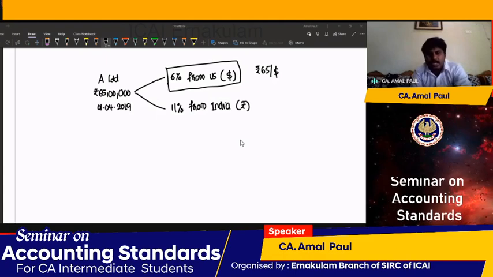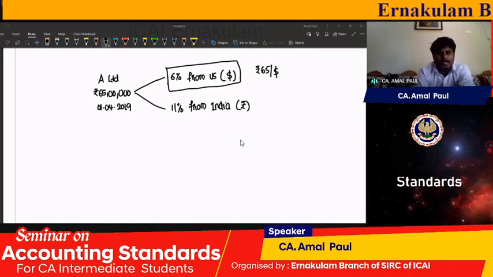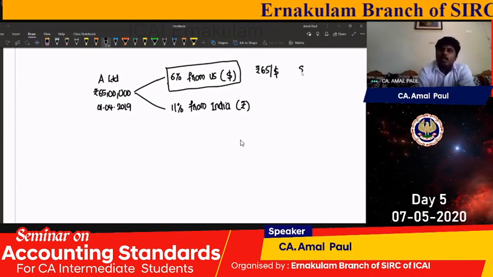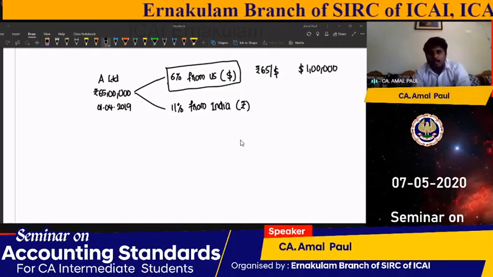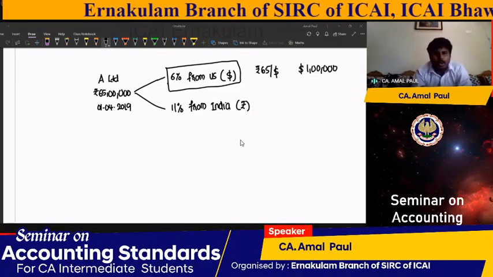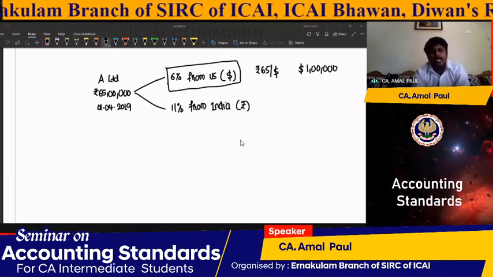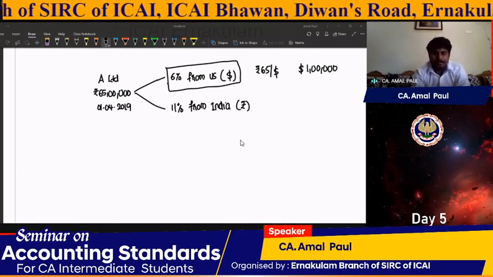Then how much foreign currency do they have to borrow? They have to borrow 1 lakh US dollar. Initially, no principal component needs to be repaid. We'll assume that, and based on that, we will compute the interest.